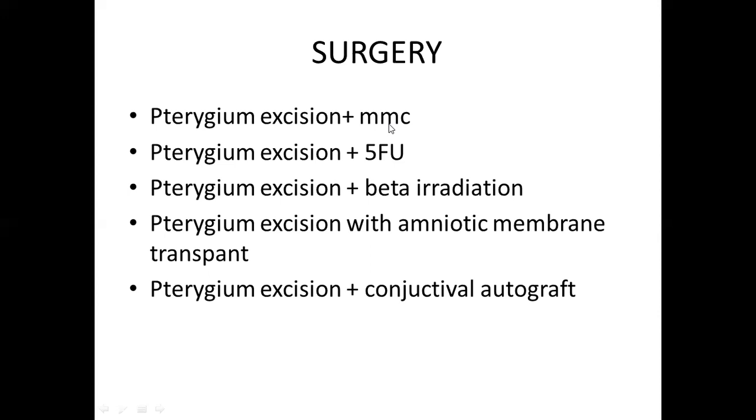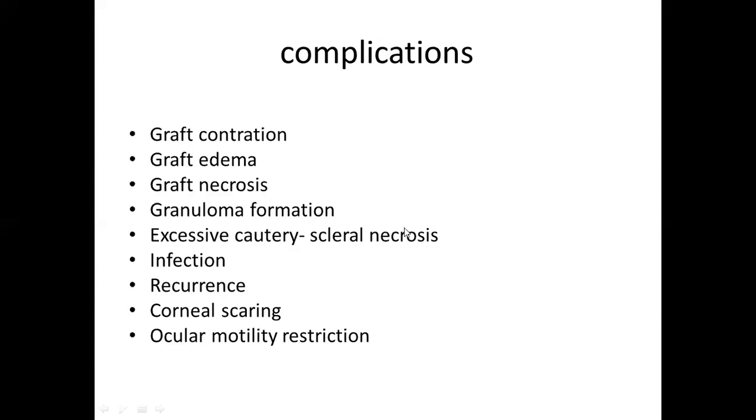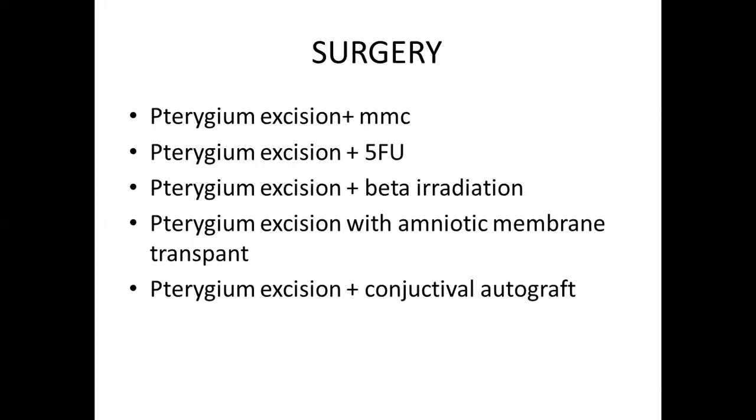So there are other options that we add to the pterygium excision to reduce that recurrence. Number one is pterygium excision with the application of mitomycin C, meaning you remove the pterygium, then you apply mitomycin C. Mitomycin C is an anti-metabolite that is used more like an anti-cancer medication.